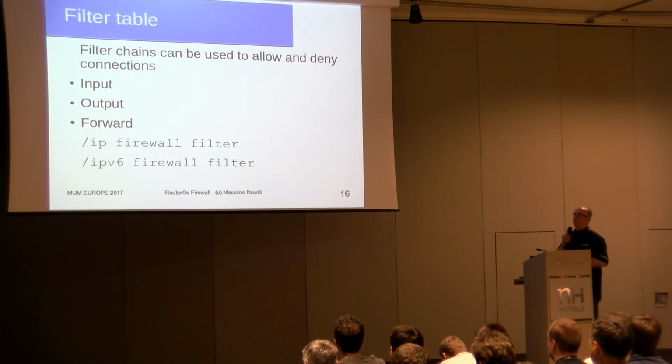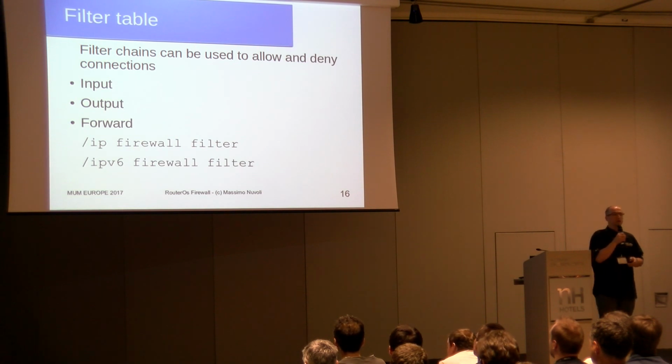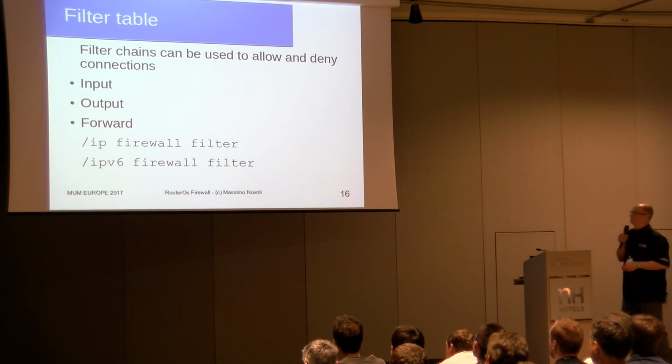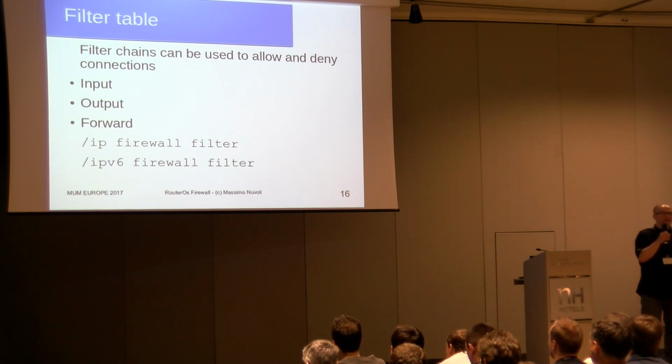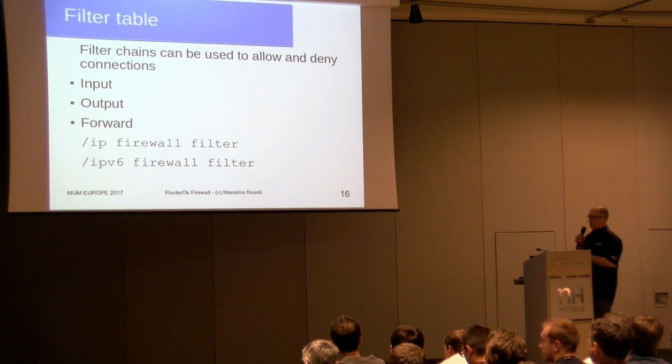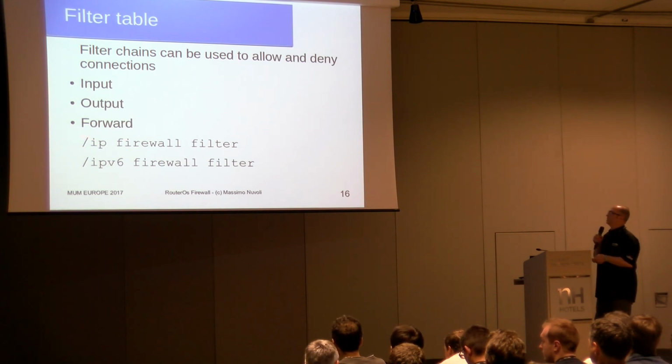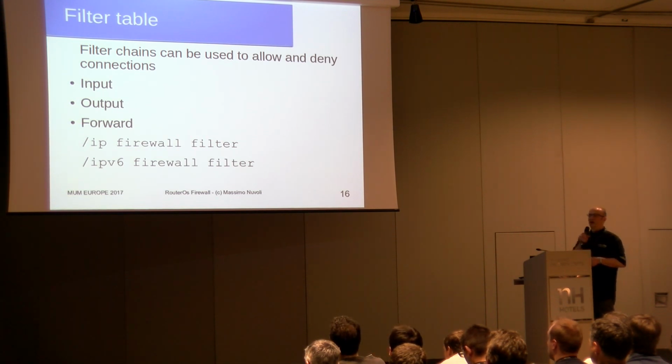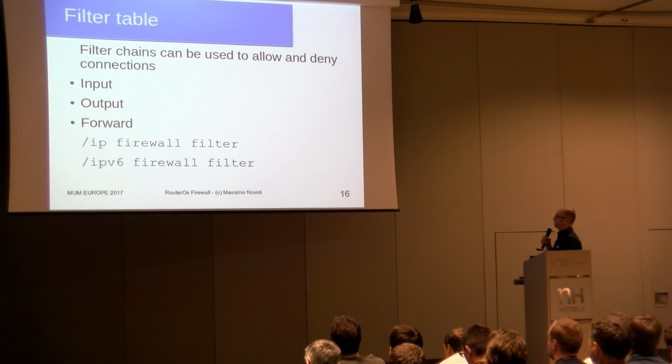The filter table is the first table that I want to talk about. It's quite simple. The packet can pass or not. It's not only this, but it's more this. If you look in the RouterOS device, there is the position about IP firewall filter.